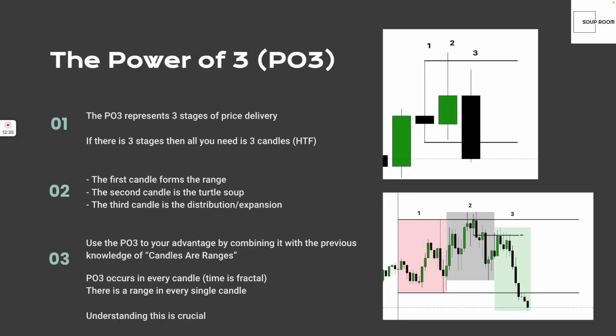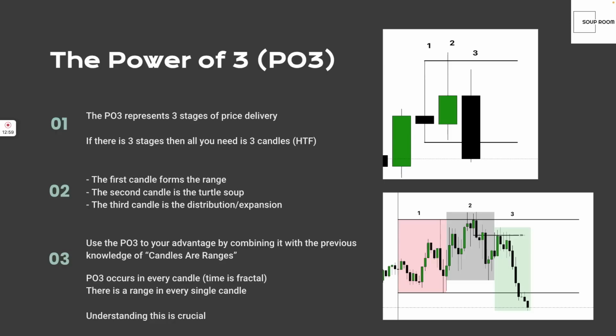Let's take this image on the right. This is the same image that was in the first couple of slides. Candle 1 represents the first stage, candle 2 represents stage 2, and candle 3 represents stage 3. The first candle will form the range.